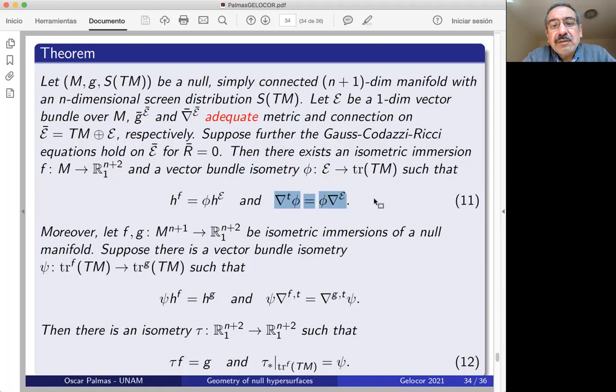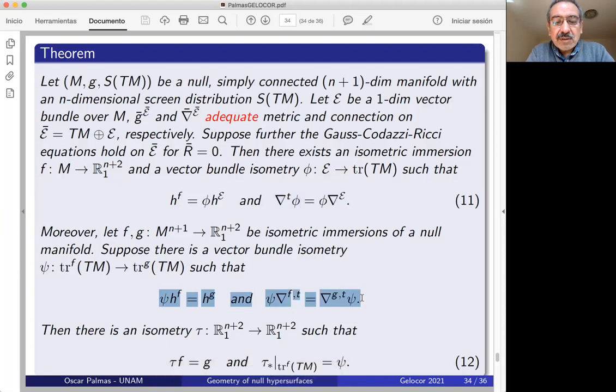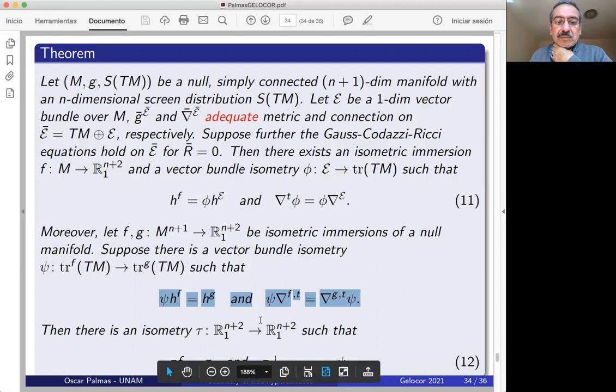So we have this notion of isometric immersion, and we also have some kind of uniqueness. If we have two isometric immersions of the null manifold, which are related in this way, then the immersions are related by a linear isometry of this space, satisfying this kind of relation.